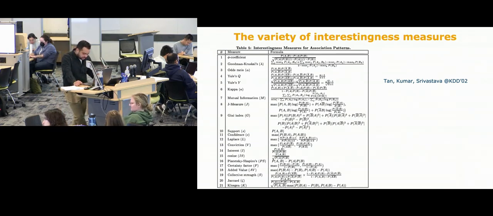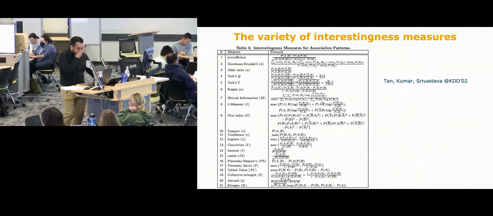So actually, lift is what they're calling interest here, right? So if you see interest, number 14, it is the probability of A comma B, the joint probability, divided by P(A) and P(B). So that's exactly what it is, right?